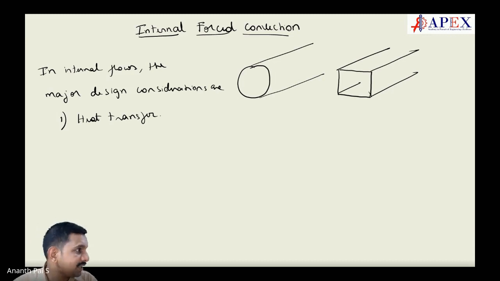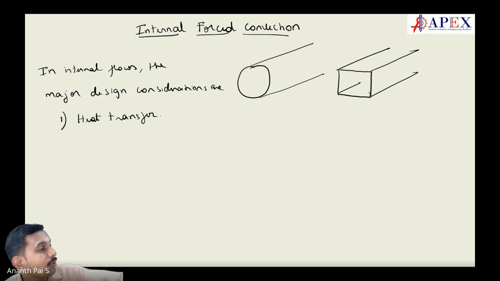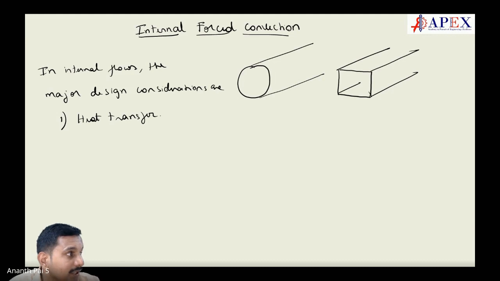If you see AC ducts, they have to be designed in such a way that they stop heat transfer. Or in steam power plants, there it is also duct flow. From the boiler we are going to the turbine. When it goes from the boiler to the turbine, the steam loses heat, is it not?